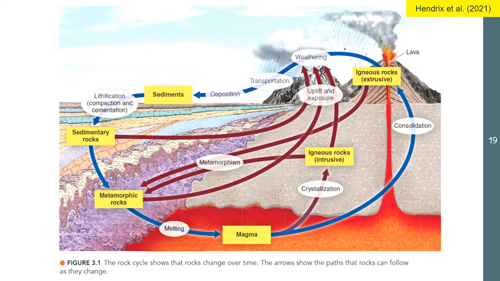Now, those sediments could undergo lithification or compaction and cementation through pressure to turn into sedimentary rock. So you can see here the different layers of sedimentary rock. Now, those sedimentary rocks could continue and undergo uplift and continue the cycle of weathering and erosion, or they can be pushed downward to become part of the magma chamber again.